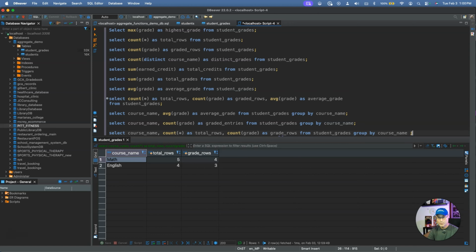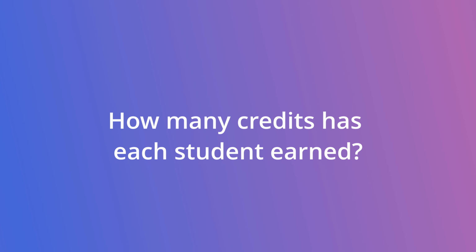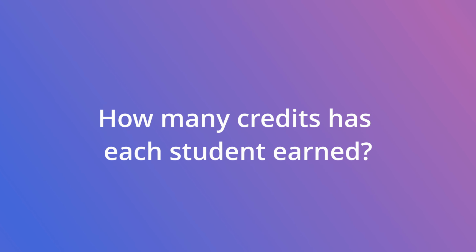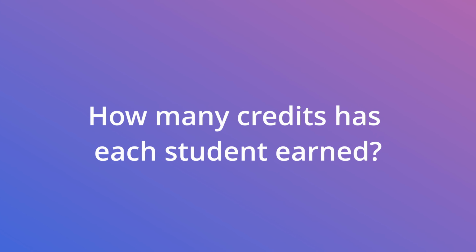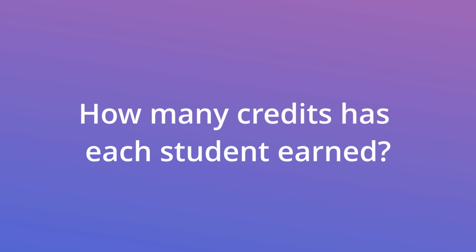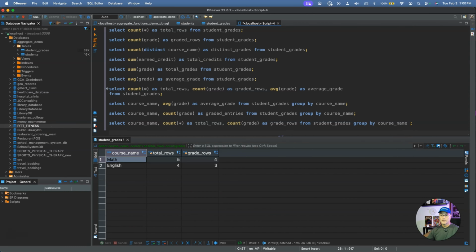Let's do another example using GROUP BY and the SUM aggregate function to find the total credits per student. Now, let's answer a different question with this example. How many credits has each student earned? Think about that.